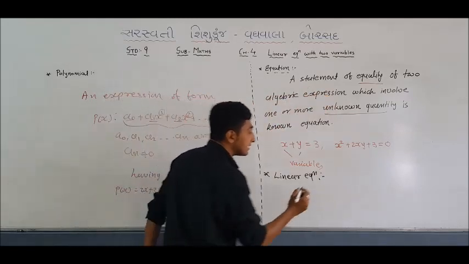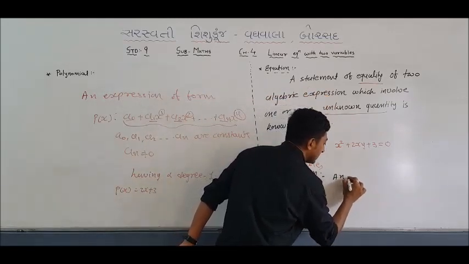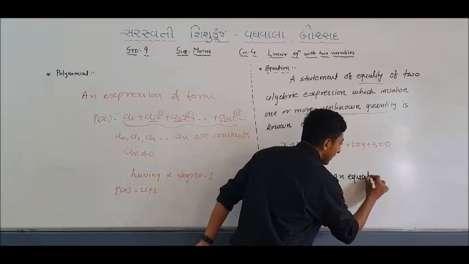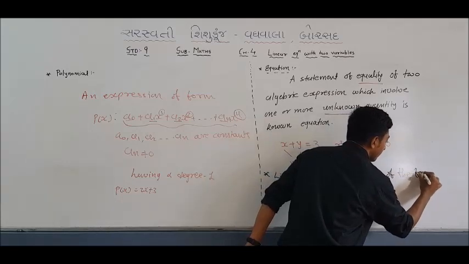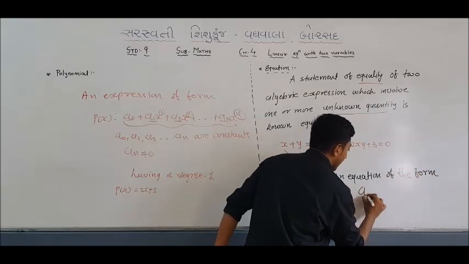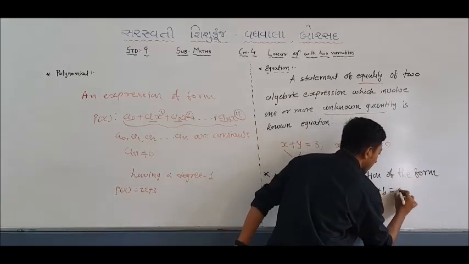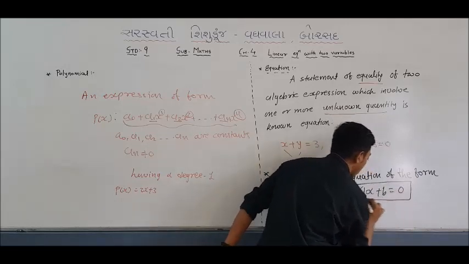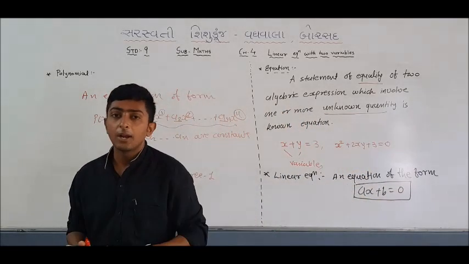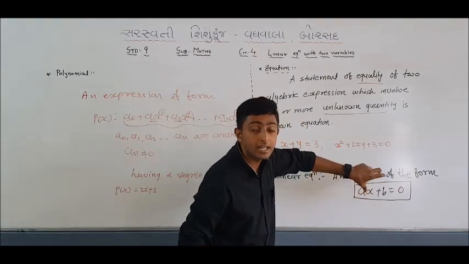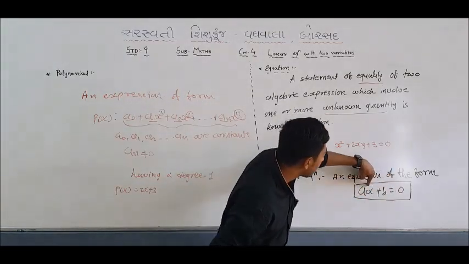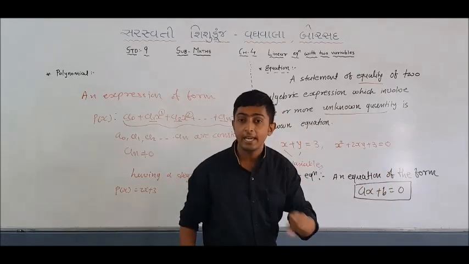Now a linear equation is nothing but an equation of the form ax + b = 0. This is the form of a linear equation. In other words, we can say an equation having degree 1. See, the variable x has a degree of only 1.